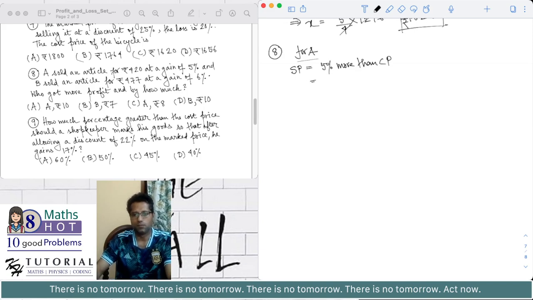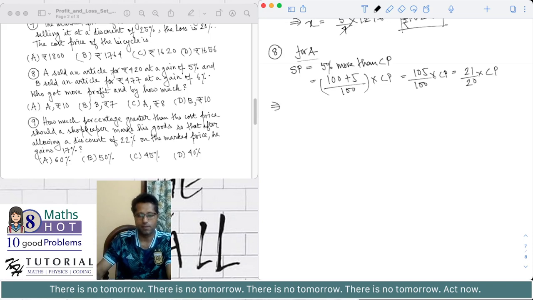This is equal to 100 plus 5 divided by 100 multiplied by CP. This is equal to 105 by 100 multiplied by CP. This is equal to 21 by 20 multiplied by CP.